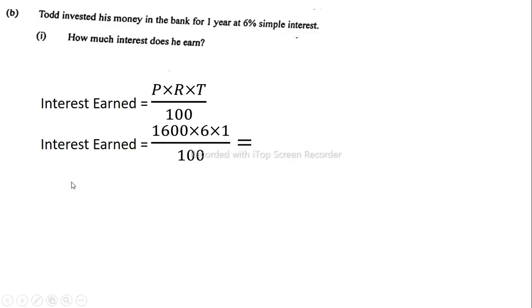We could cancel the zeros, and that leaves us with 16 times 6 times 1. What is 16 times 6? 96.